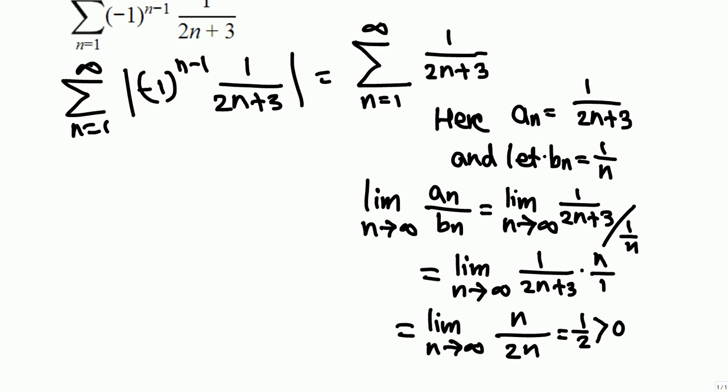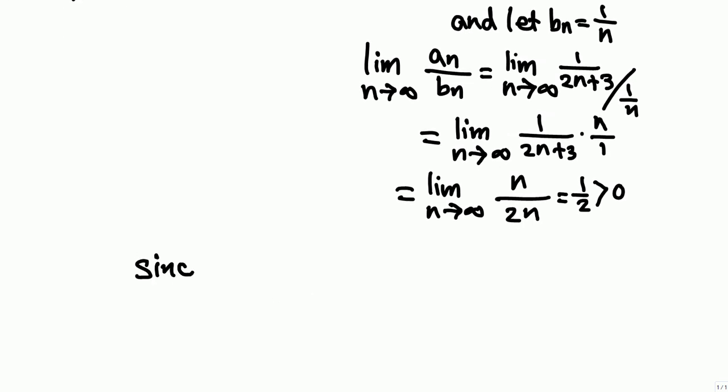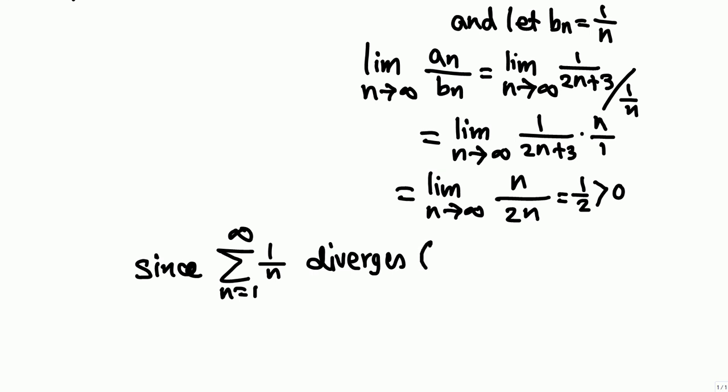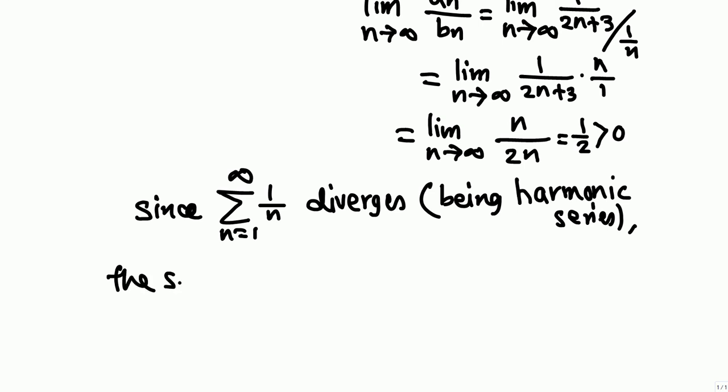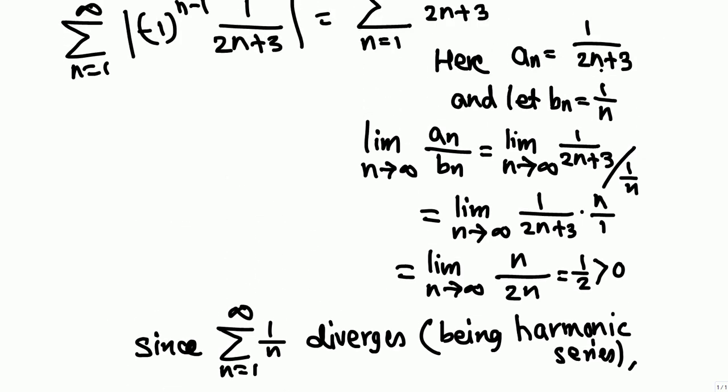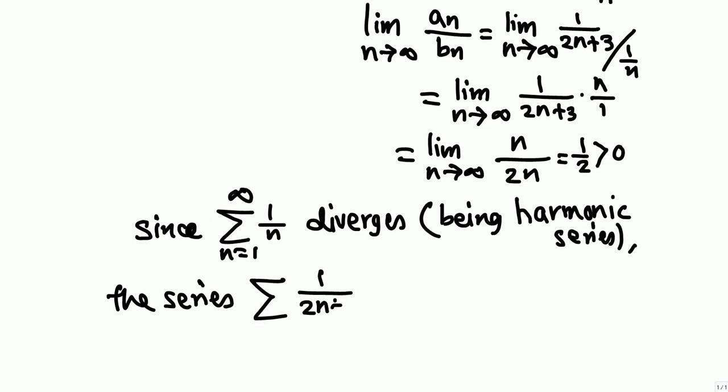Since the series with terms bn diverges, by the limit comparison test the series 1 over 2n plus 3, n from 1 through infinity, also diverges.